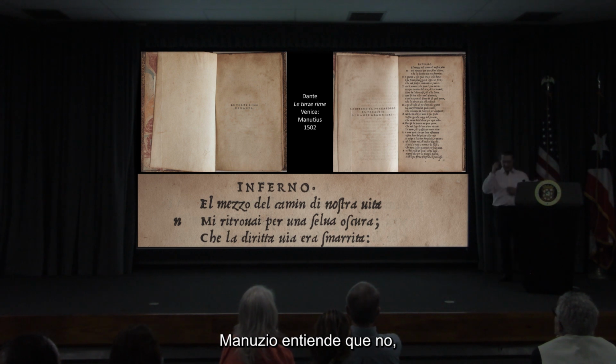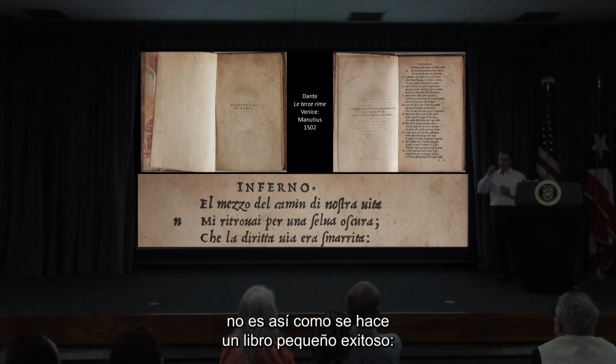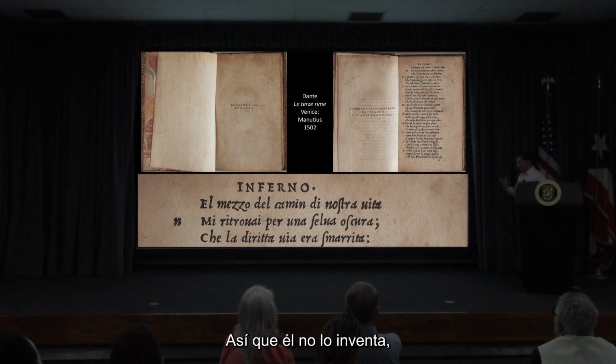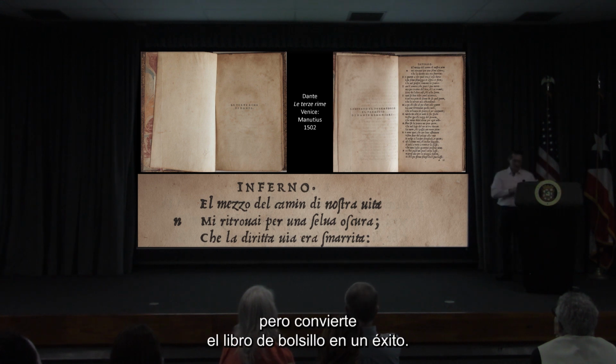Manuzio understands that no, that's not how you make a successful small book. You have to rethink completely the graphics. So he doesn't quite invent it, but makes it successful.